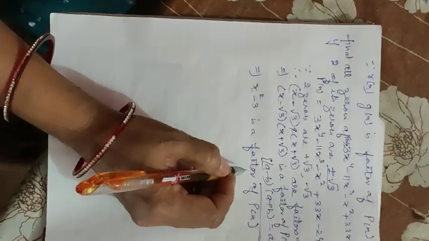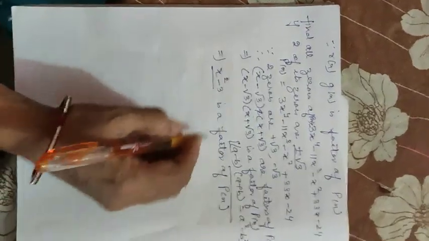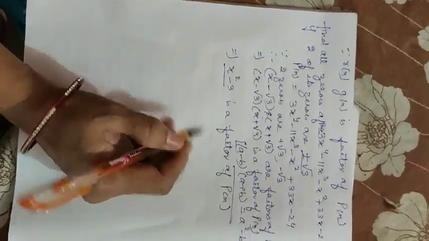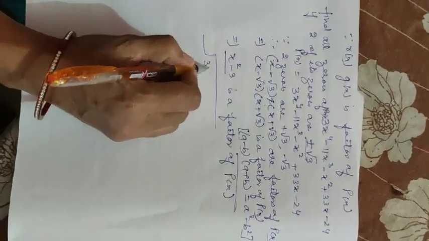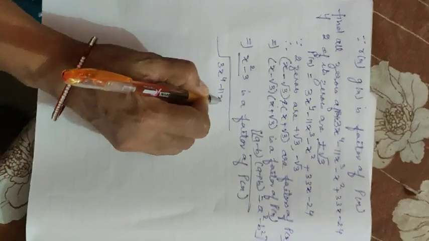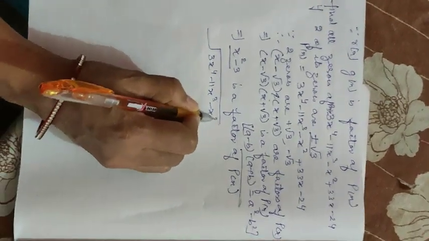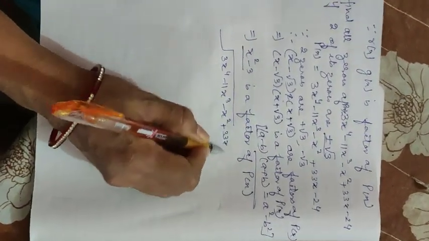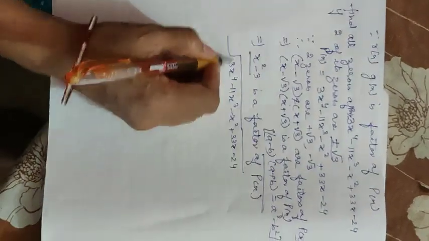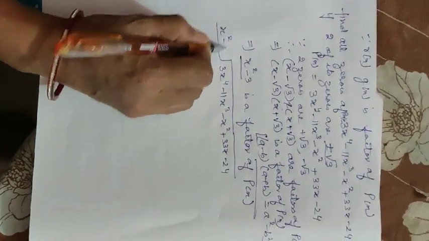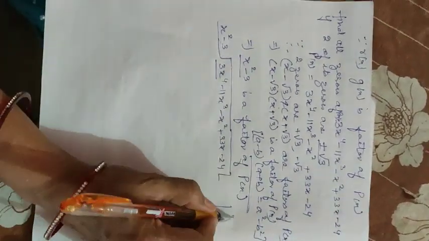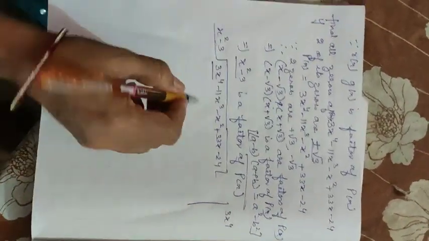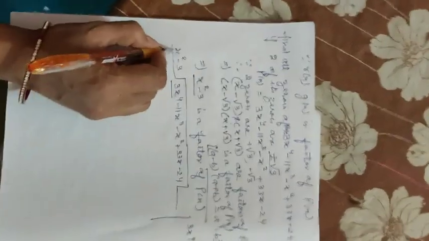Now we will divide the given polynomial by this x square minus 3 to get the quotient and remainder. So let's divide. Same procedure. Now the first term is 3x^4. And to get with what term to be multiplied, we will take x square.